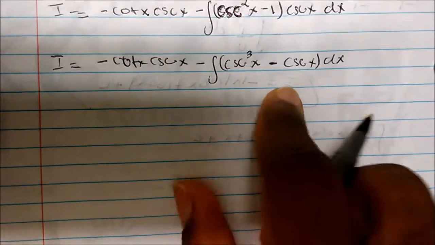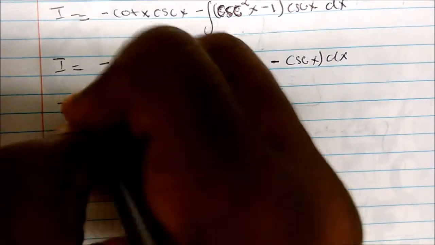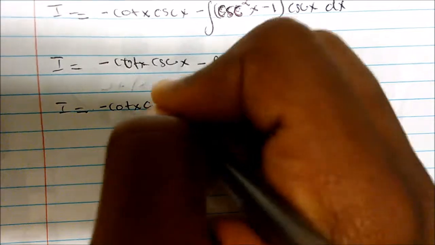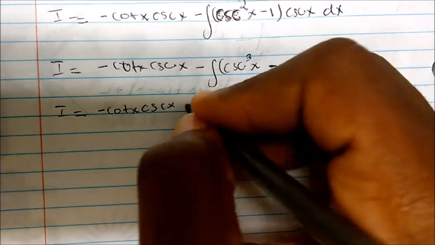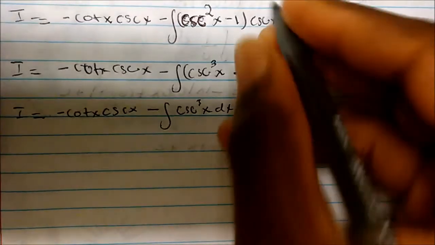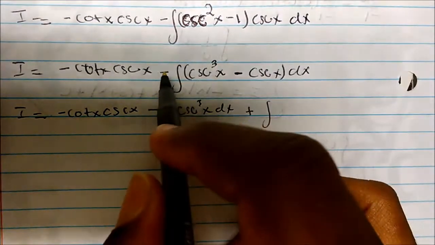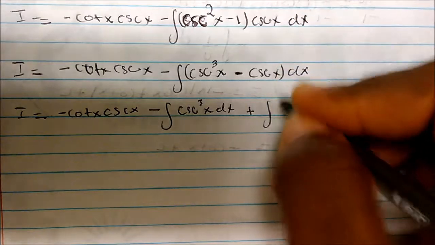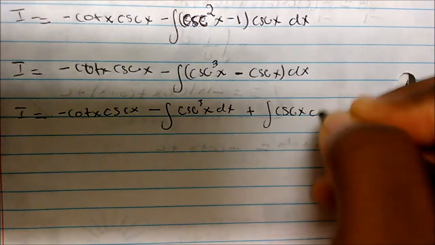Eventually I'm just going to split these integrals up. So my integral now is given by negative cotangent of x cosecant of x minus the integral of cosecant cubed of x dx plus the integral, because this negative is being distributed to both, plus the integral of cosecant of x dx.